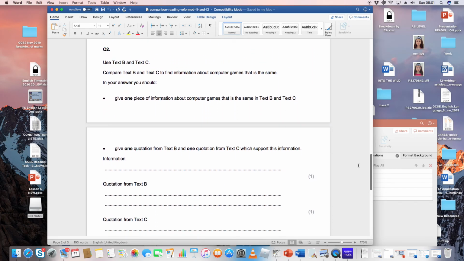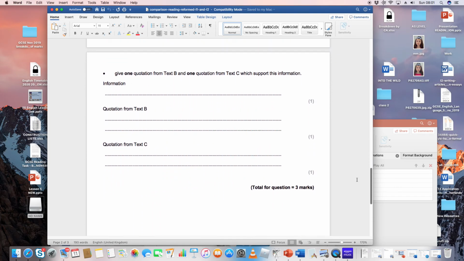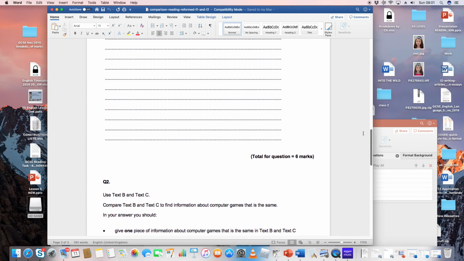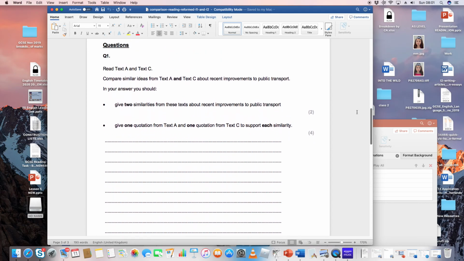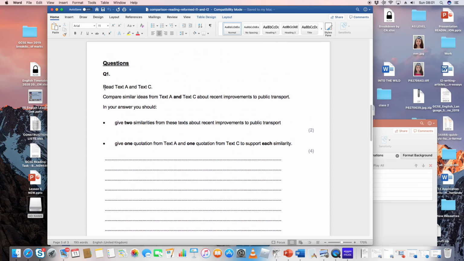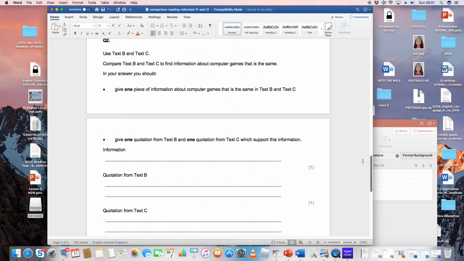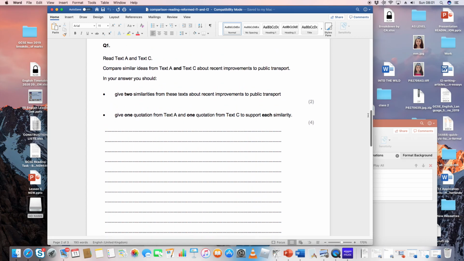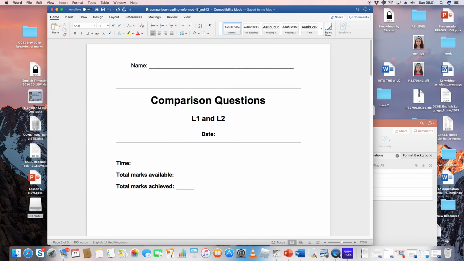One piece of information that's the same, and then one quotation from text B, one quotation from text C. Also make sure that you get the right texts. Here is text A and text C for level 2, whereas this one is text B and text C. So it will change each time. Sometimes it'll be A and B, depending on how it's organised. So be careful of that.